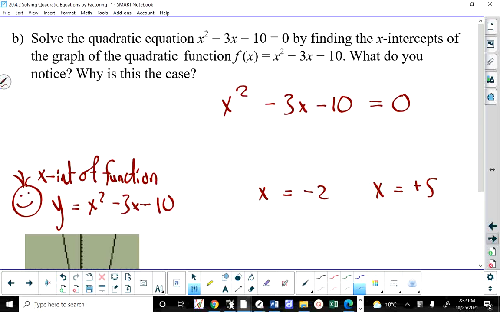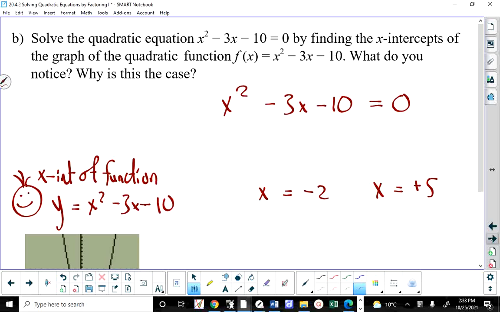So you're going to put negative 2 in brackets squared, minus 3 times in brackets negative 2, minus 10. I hope you know you're going to get 0, right? Because it's an x-intercept, which makes y 0. So the zeros of this equation are the zeros of the factors that make up the equation.